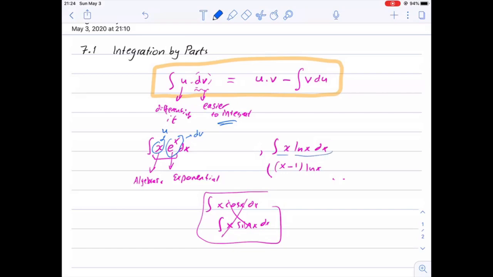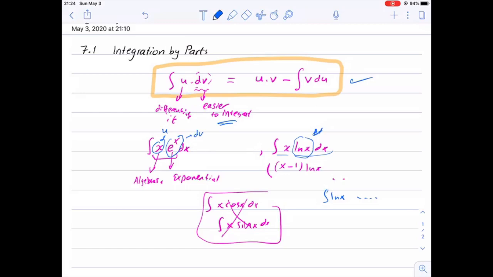For this function here, if we use dv for natural log, then we need to integrate it to find v in this formula. So how to integrate natural log of x? It's not easy to do that. We need to apply some formula, but that's out of scope of this course. So in this case, we don't need to integrate ln x, but we can differentiate it.